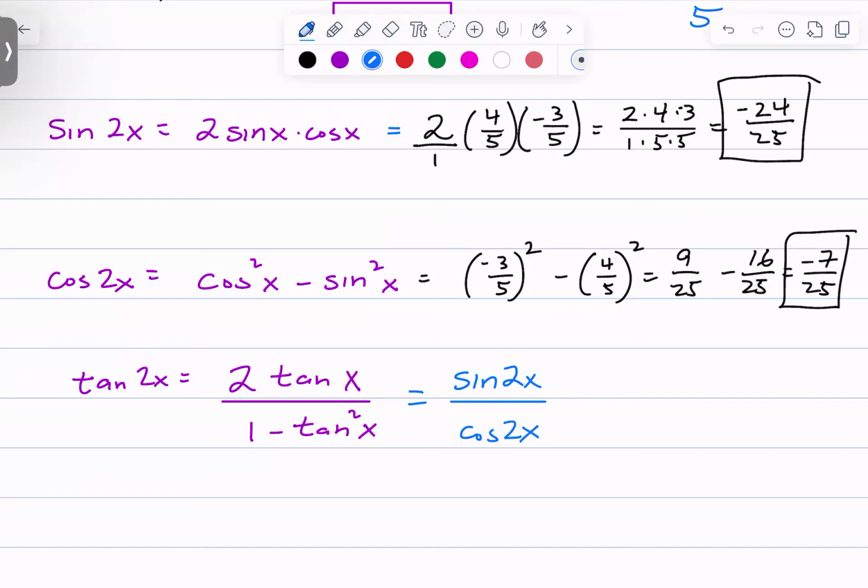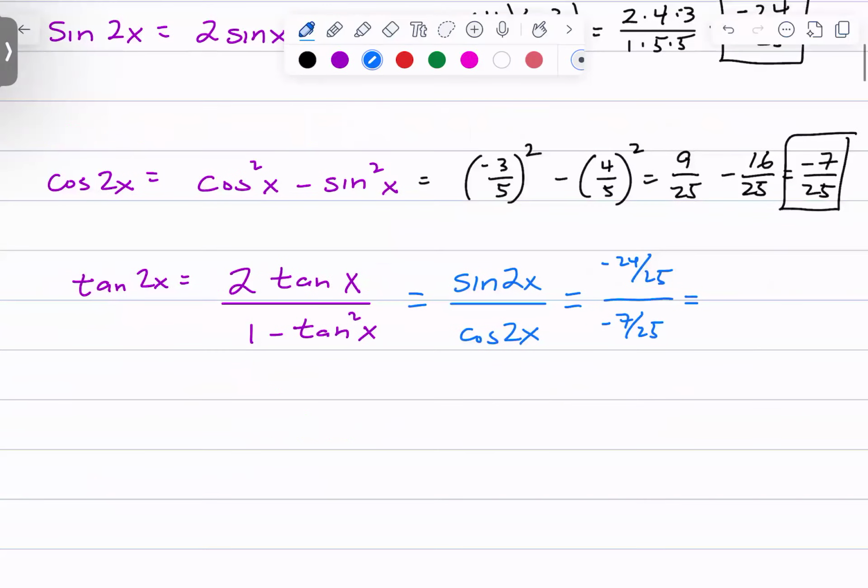And since I already solved for sine of 2x and cosine of 2x, I could just plug in what I have. Negative 24 over 25 divided by negative 7 over 25. Keep, change, flip.